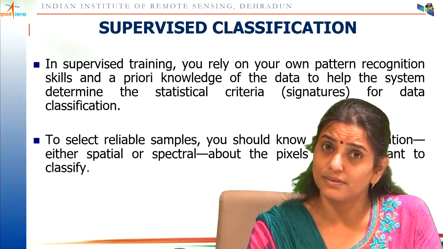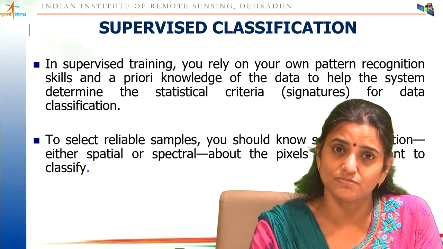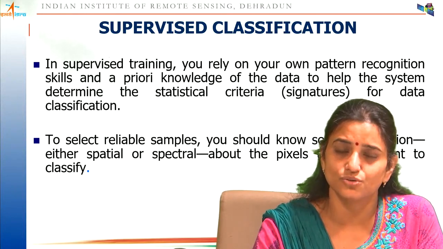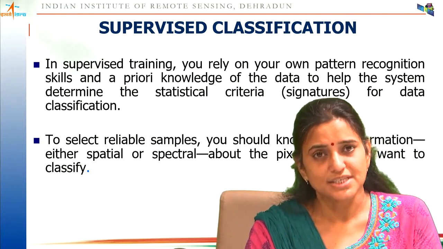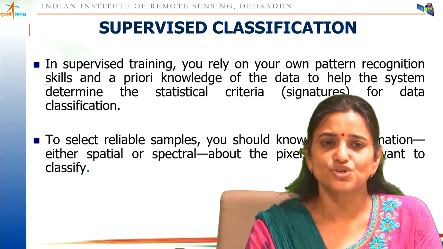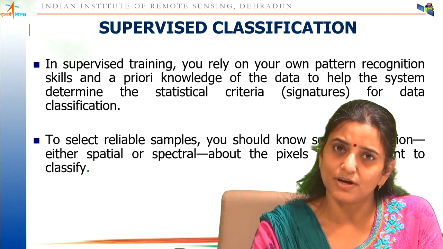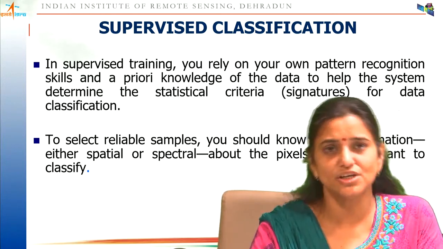Now, the classification is based on these training sites. So these training sites, these signatures, should be very, very reliable. To select reliable signatures, we should have information about these signatures either spatially or spectrally.